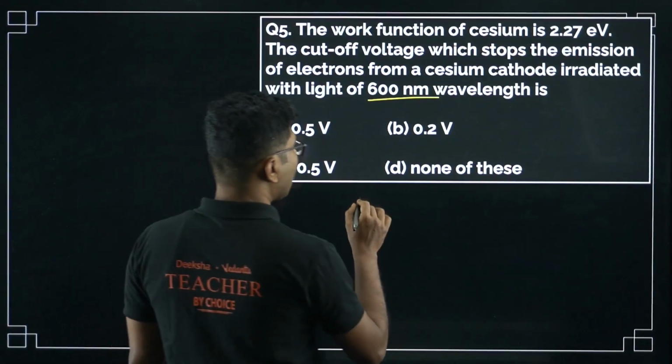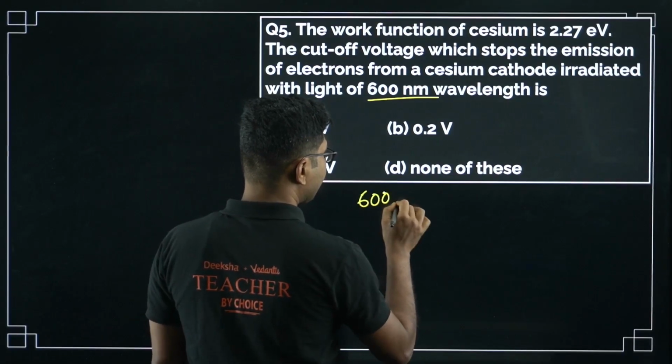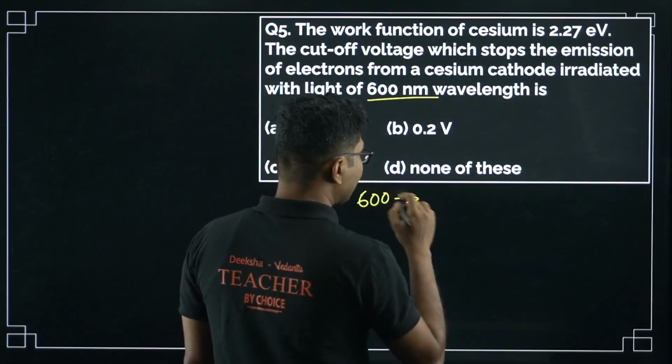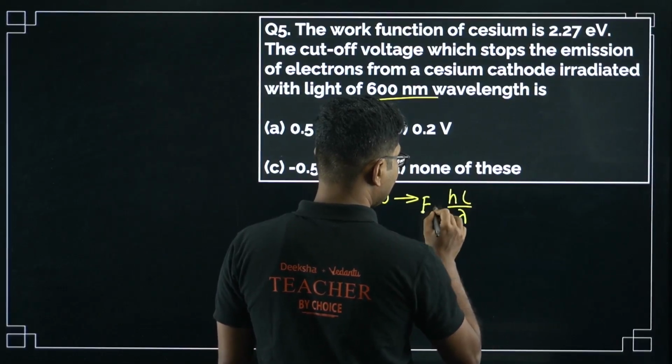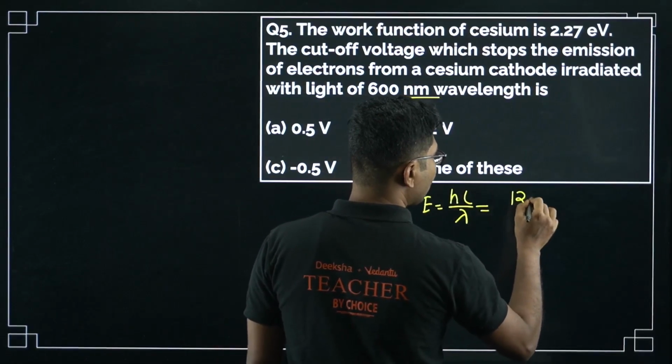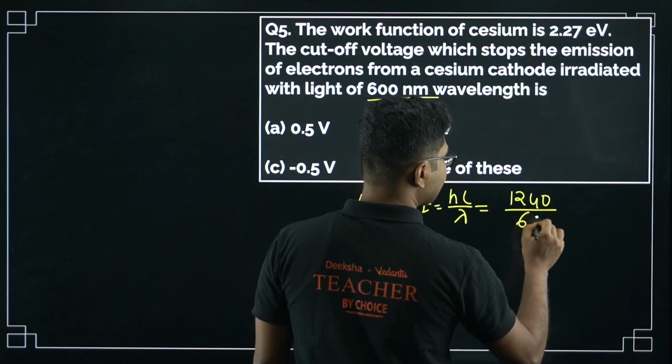So how to convert 600 nanometer into eV? It will be hc by lambda, that is the energy, and hc is 1240 divided by 600.